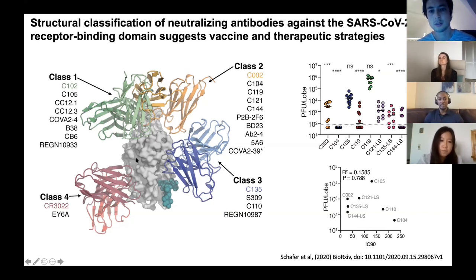What is interesting is that sequence conservation in this region is very high among different SARS coronaviruses, including some zoonotic coronaviruses that have yet to make the jump into human circulation.